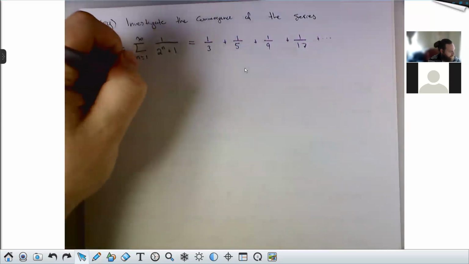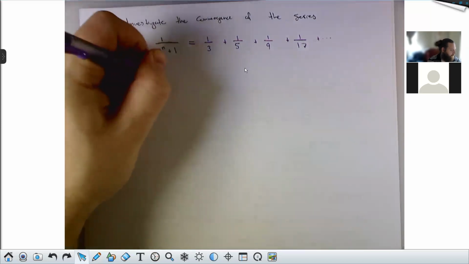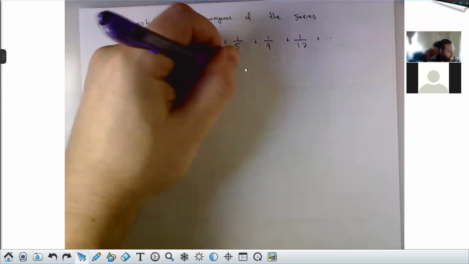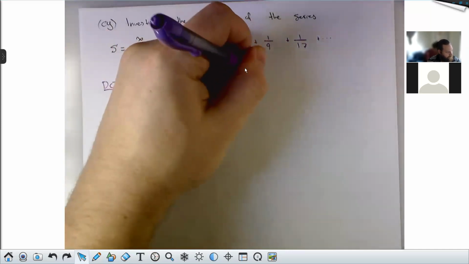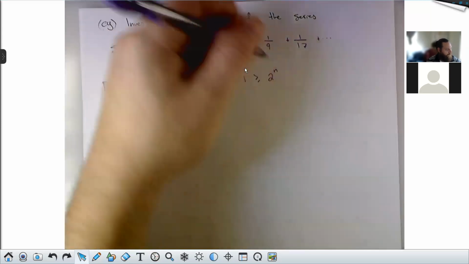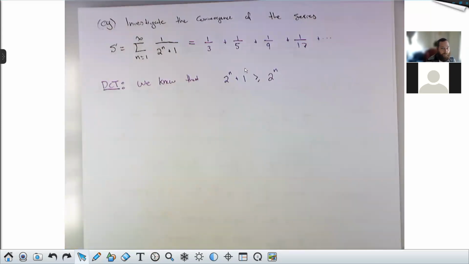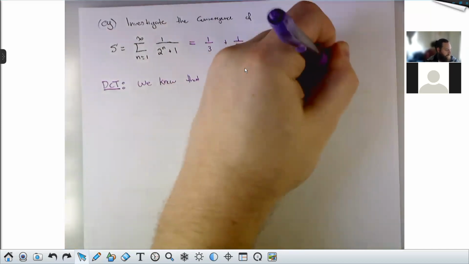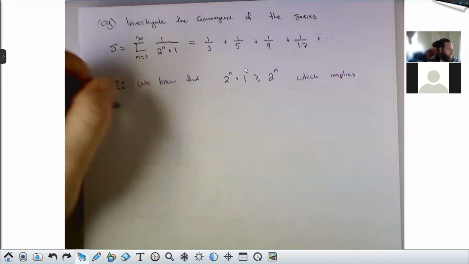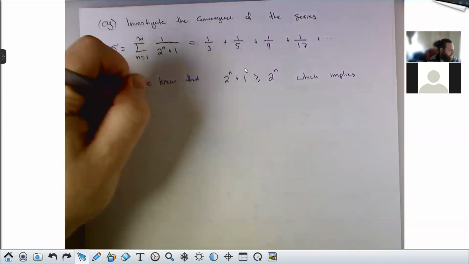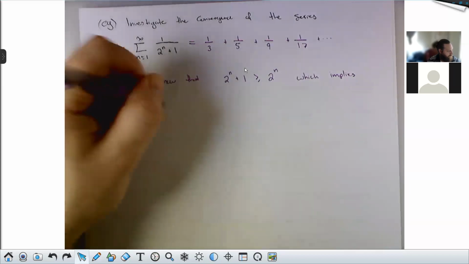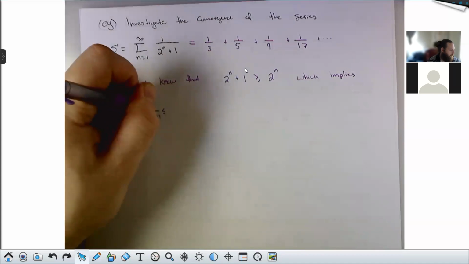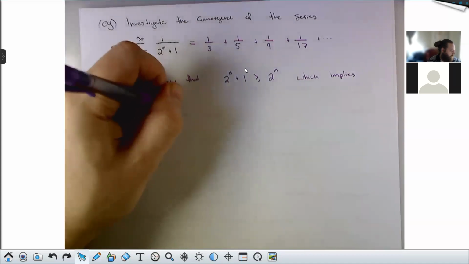So we know that 2 to the n plus 1 is bigger than 2 to the n, which implies 0 is less than or equal to 1 over 2 to the n plus 1, which is less than or equal to 1 over 2 to the n.